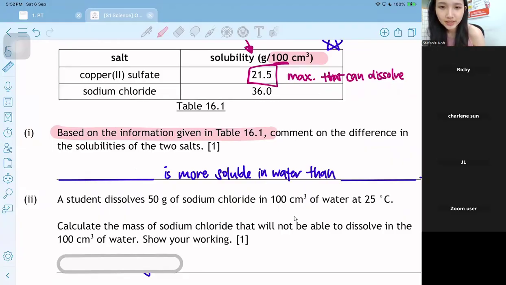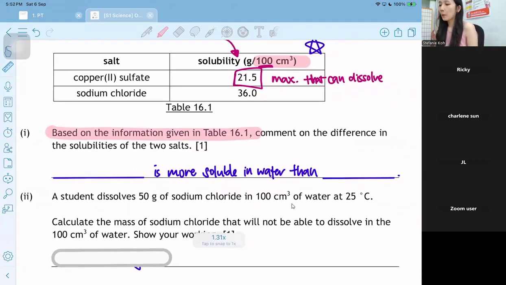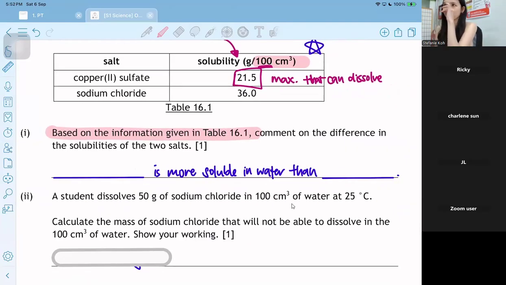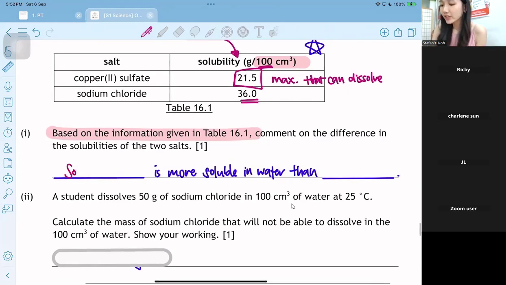So after Janice is Sarah. Which is more soluble? Sorry? It's more soluble. Which one can dissolve more? Sodium chloride. Yeah. So if you can dissolve more, you are more soluble.